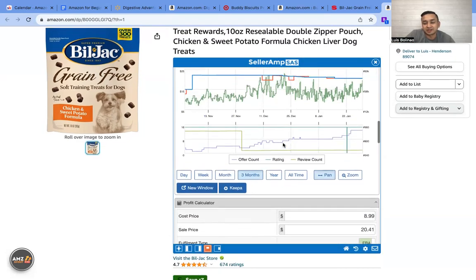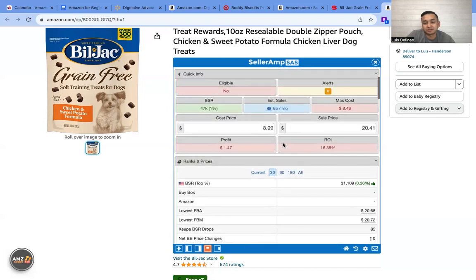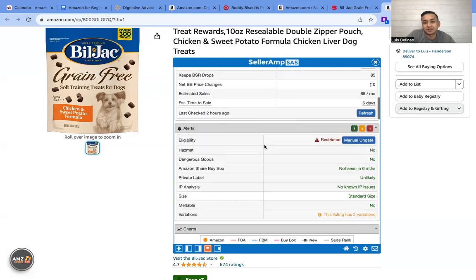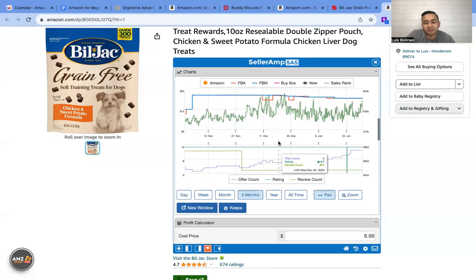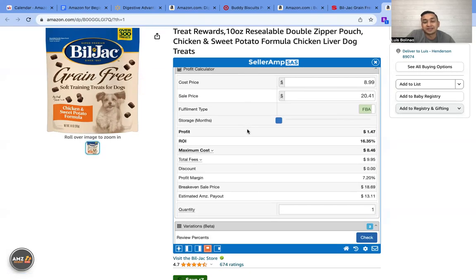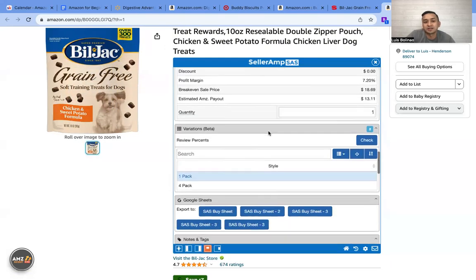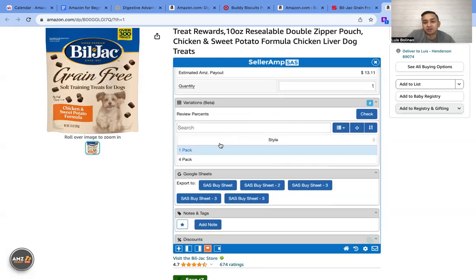There's actually another step I can show you guys. This one is a variation, meaning this is kind of advanced, but I'll show you. We need to find the exact sales of this exact variation of the product. So I would go here, under variations, click on one pack and then check.